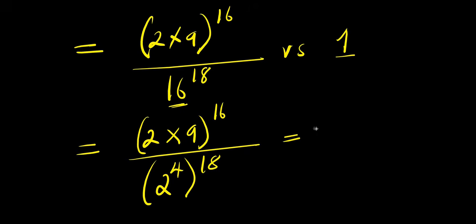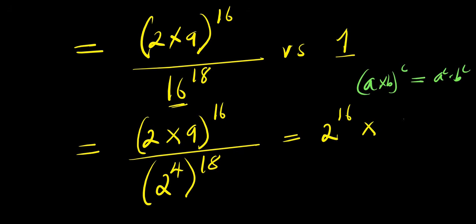Now if you have (A times B) to the power of C, this equals A power C times B power C. So we have 2 power 16 times 9 power 16, divided by 2 power 4 times 18 in the exponent, which gives us 72.